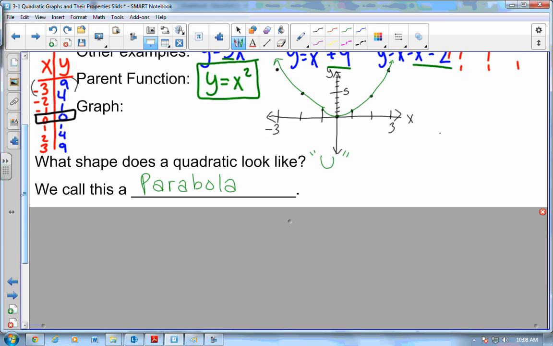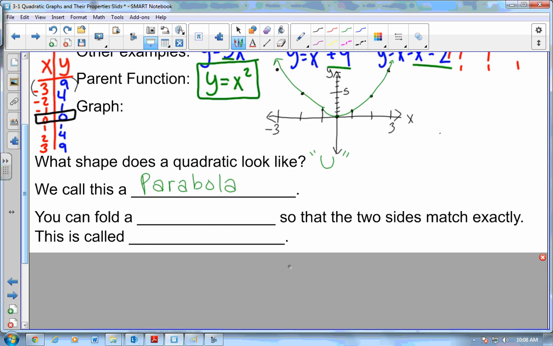Okay? You can fold a parabola. That's that word again. Write that down. You can fold a parabola so that the two sides match exactly. What's that called? When you can fold something right in half and it matches up with itself.